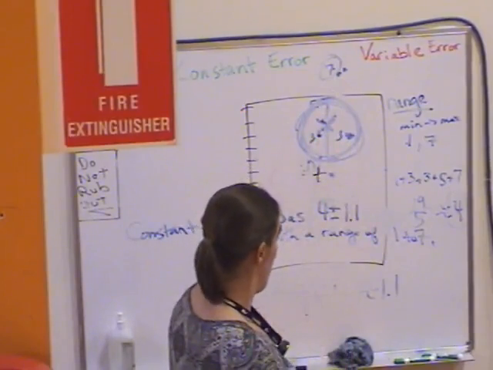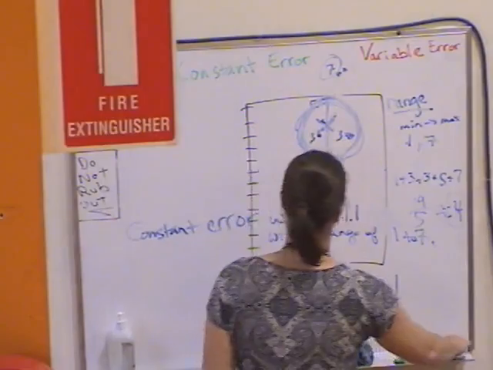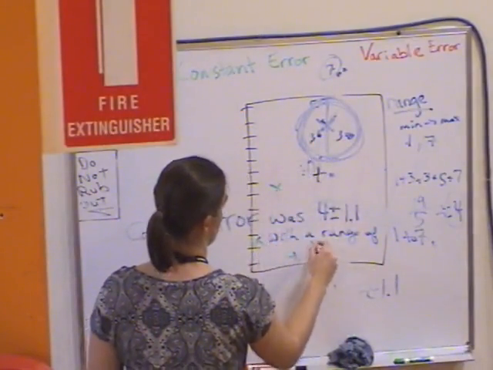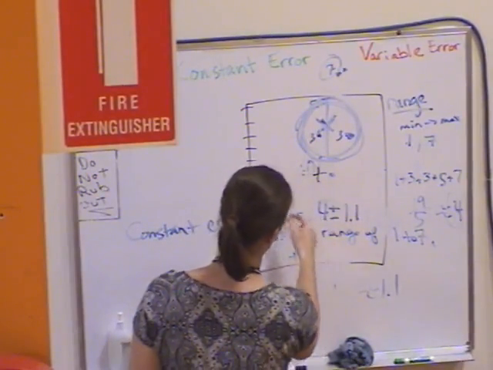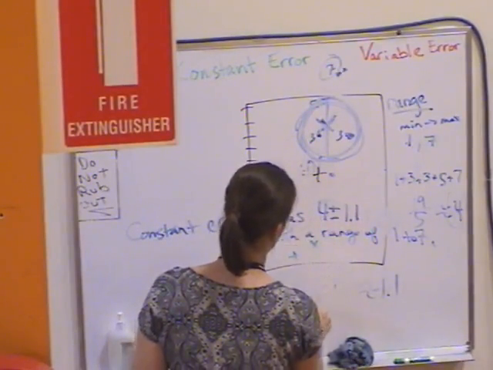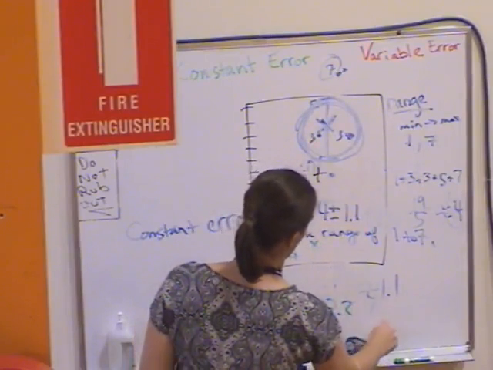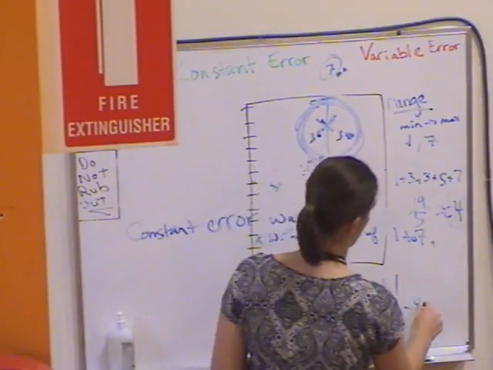And if you were comparing this person to some person that hit way over here, you could say this person was minus 5 on average, plus or minus 2.2, and then you could give a range of -2 to -9.